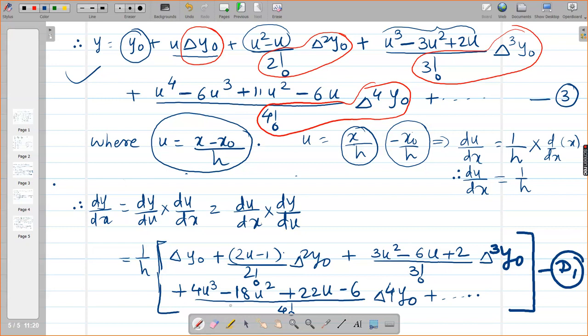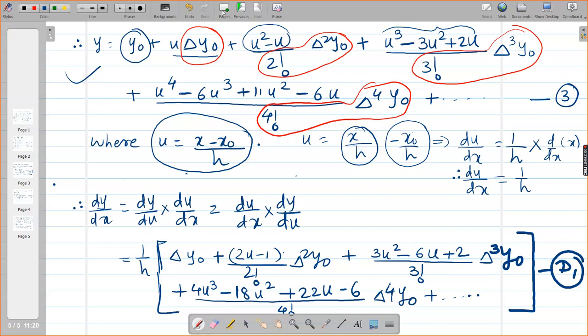So using this formula, you can find out the derivative of the function at any value of x which is not actually given in the table, but is in the range of x values. Okay, do you understand this?